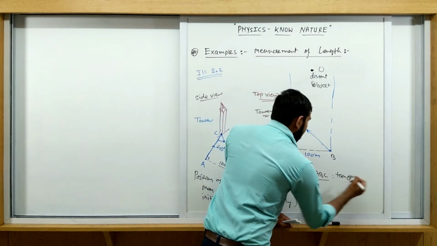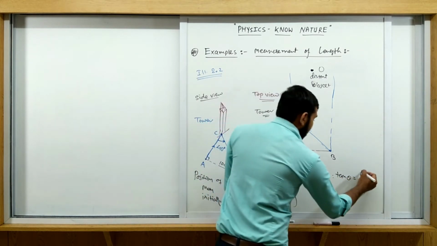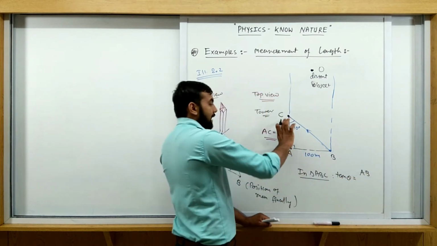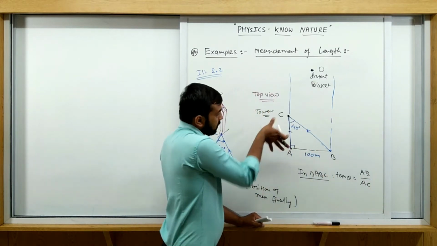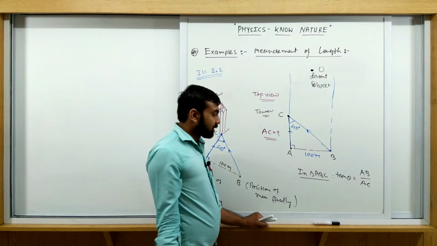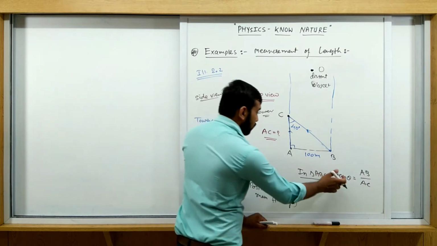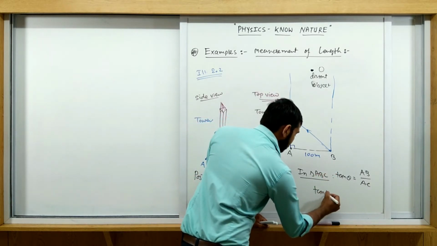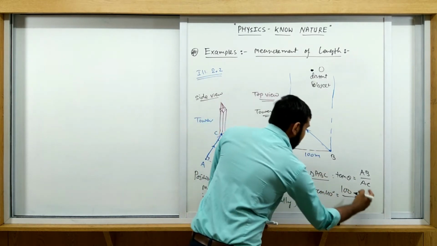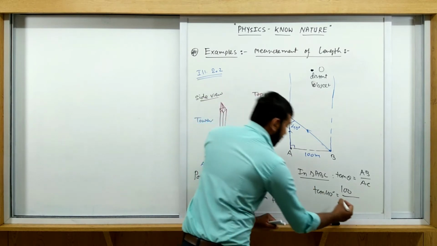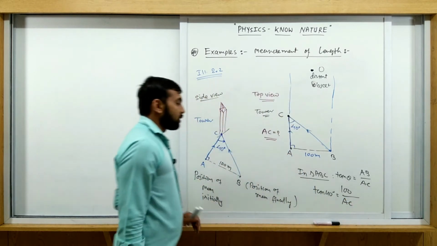So tan theta is equal to opposite AB upon adjacent AC. Yes or no? Opposite upon adjacent, simple tan theta. This is the trigonometry rule. So tan 40 is equal to AB, which is 100, upon AC. AC is equal to, find out.